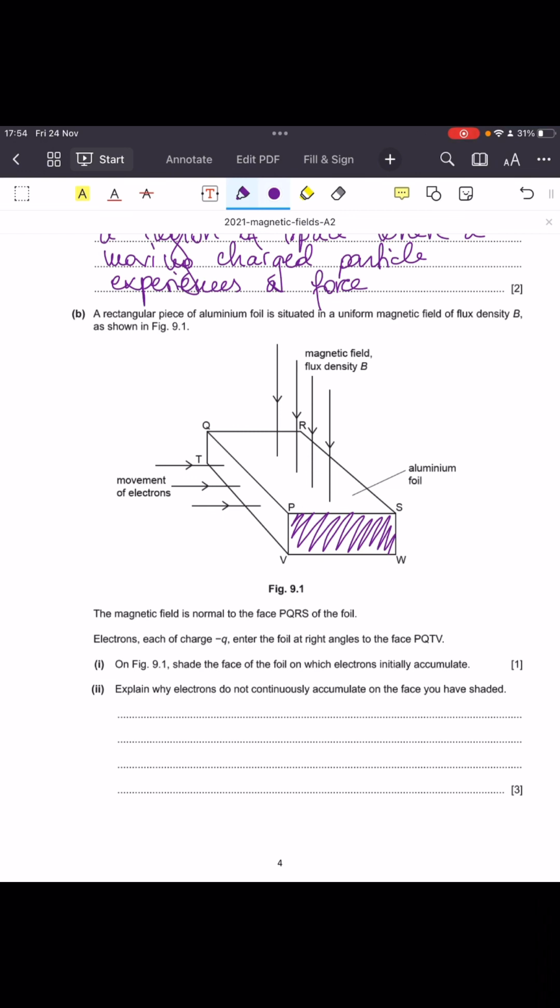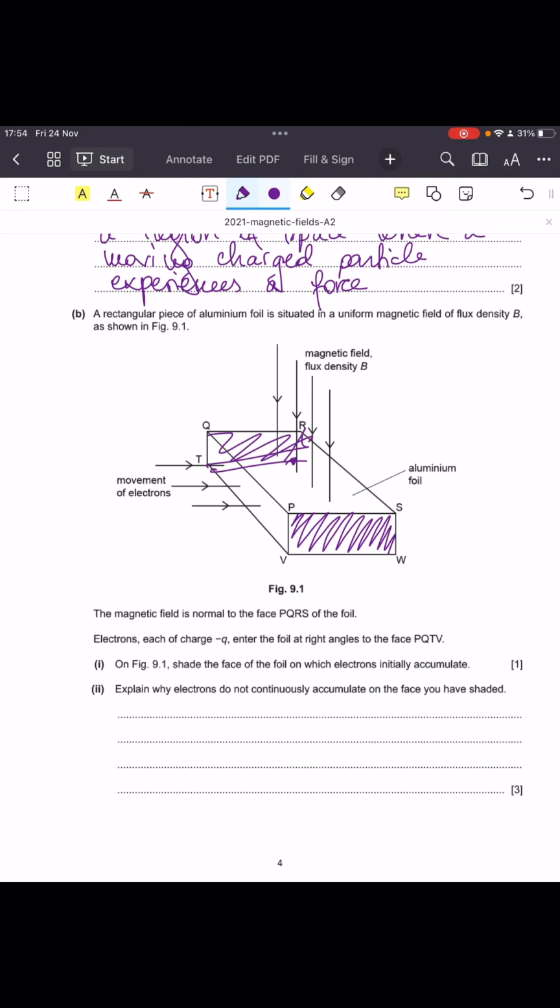Now, the next question asks you to explain why electrons do not continuously accumulate on the face you have shaded. Now, as the electrons start to accumulate towards face PVWS, between this face and the opposite face, an electric field will be set up.